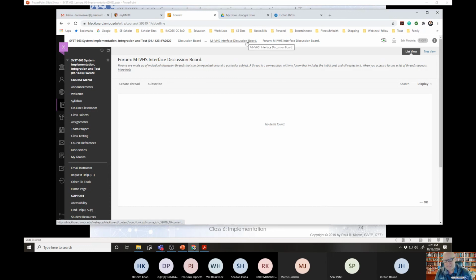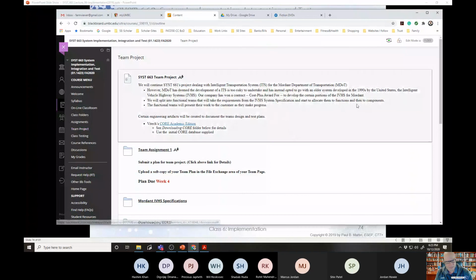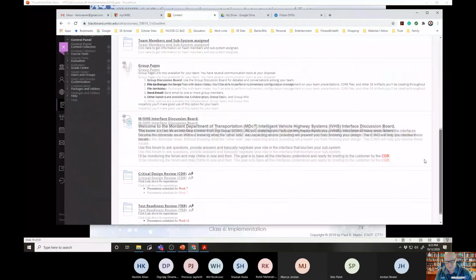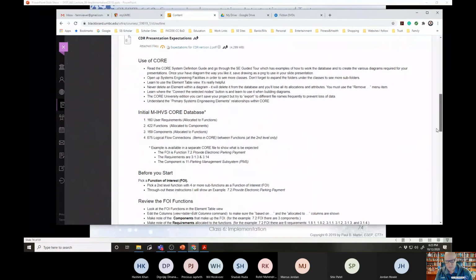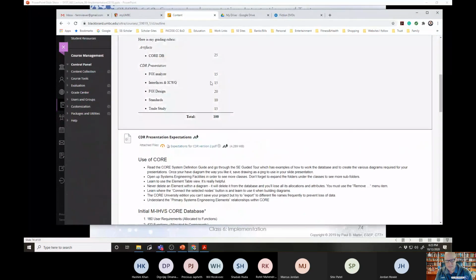Usually I have this as a team project. Let's go down here to CDR. I usually look at interface and I see 15 points. I'll just go ahead and give you those 15 points, everybody. Just do your analysis, design, standards, and trade study, and make sure your core database is correct.